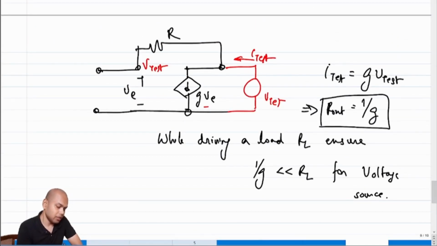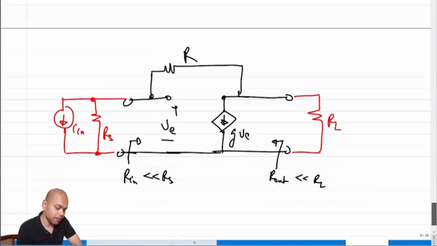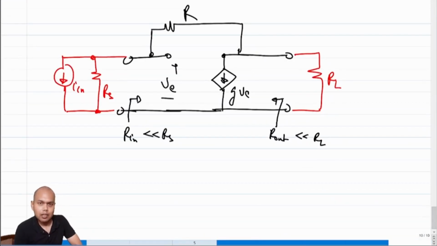So these conditions of R out and R in that I have derived are under the condition that only either RS or RL is present. So if you do the calculations in the presence of RS and RL, you will get a slightly different result, but nevertheless it is still in your control to ensure that this circuit can behave like a current controlled voltage source.